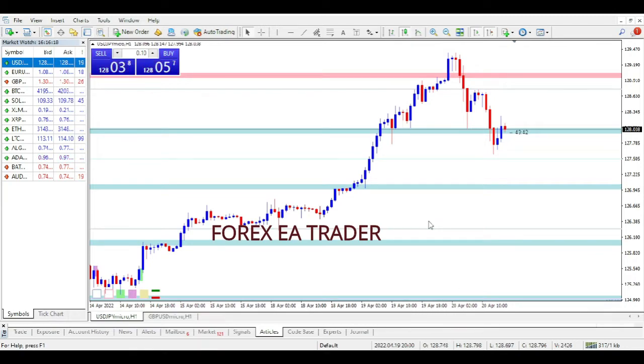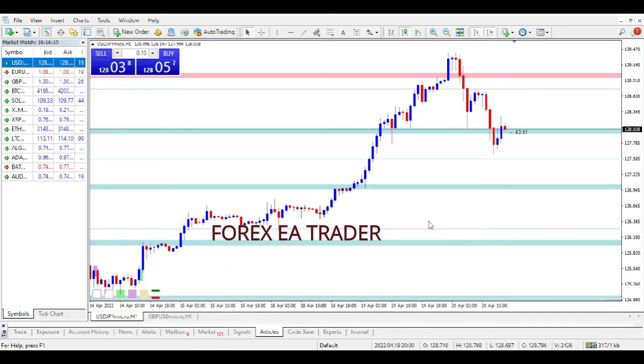But you cannot just enter based on one thing. What you need is confirmation. Confirmation on your price chart, confirmation on the indicators that you are actually relying on.